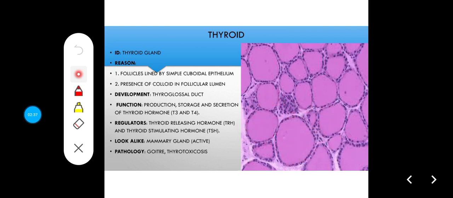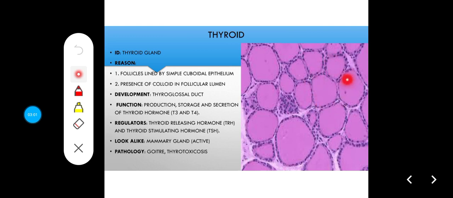So if the gland is very active, you find more columnar cells with less colloid. So if the follicles are moderately active, you find more simple cuboidal cells, and then a fair amount of colloid.